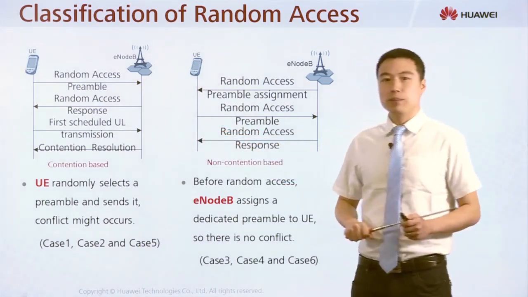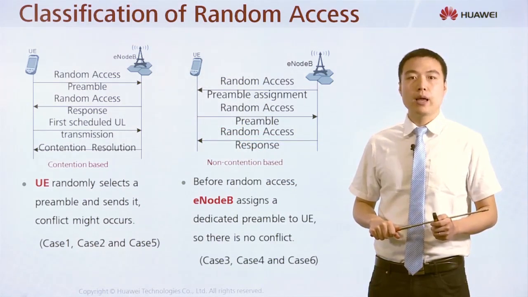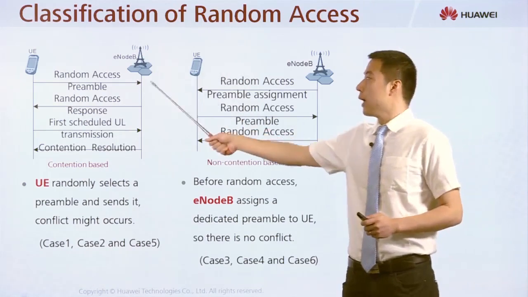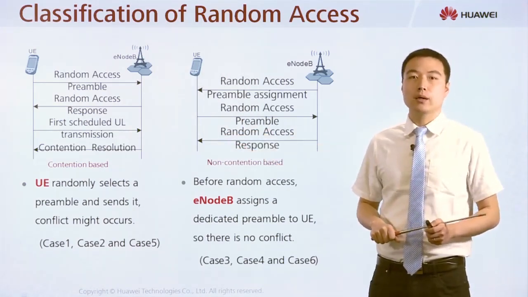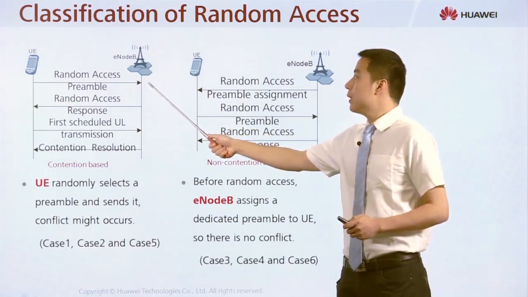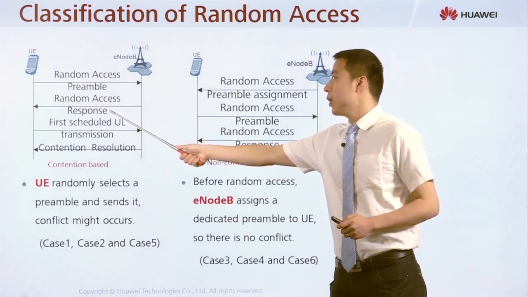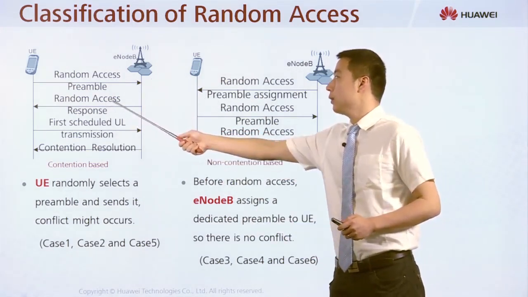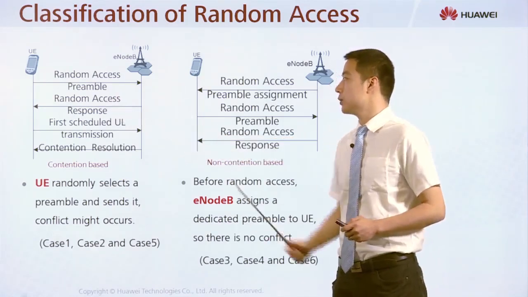The preamble is actually an access request, just like in the GSM and WCDMA systems. If eNodeB receives this request, eNodeB will send the response to the UE, the random access response. Usually we call it RAR for short.